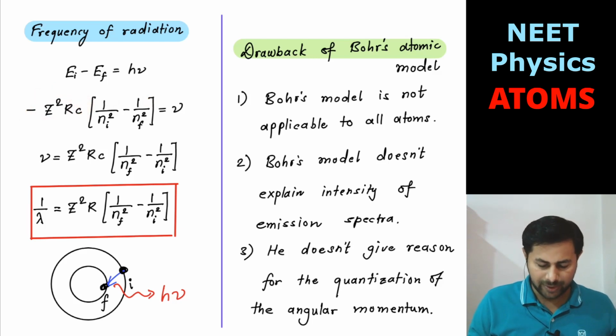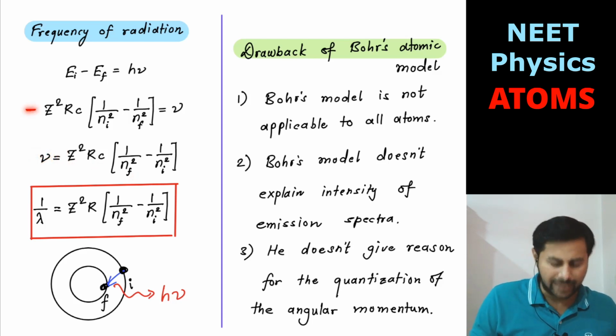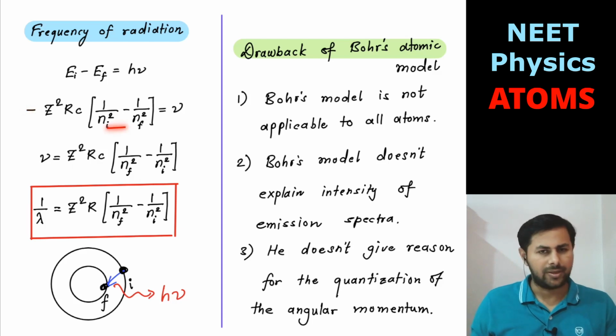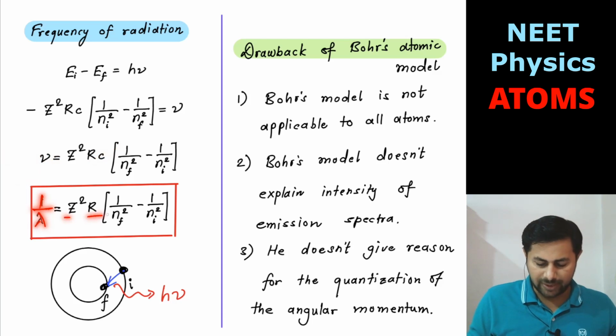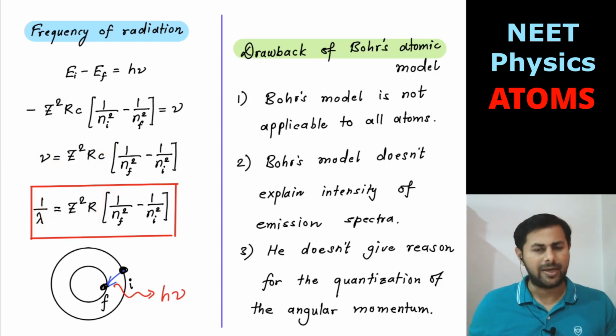This thing is taken common. So now this nu can be written as Z square times RC, 1 by Nf square minus 1 by Ni square. The negative sign is absorbed in the bracket. Then nu is equal to C by lambda. If you use that, C and this C get cancelled out. So 1 by lambda is equal to Z square times R times 1 by Nf square minus 1 by Ni square.